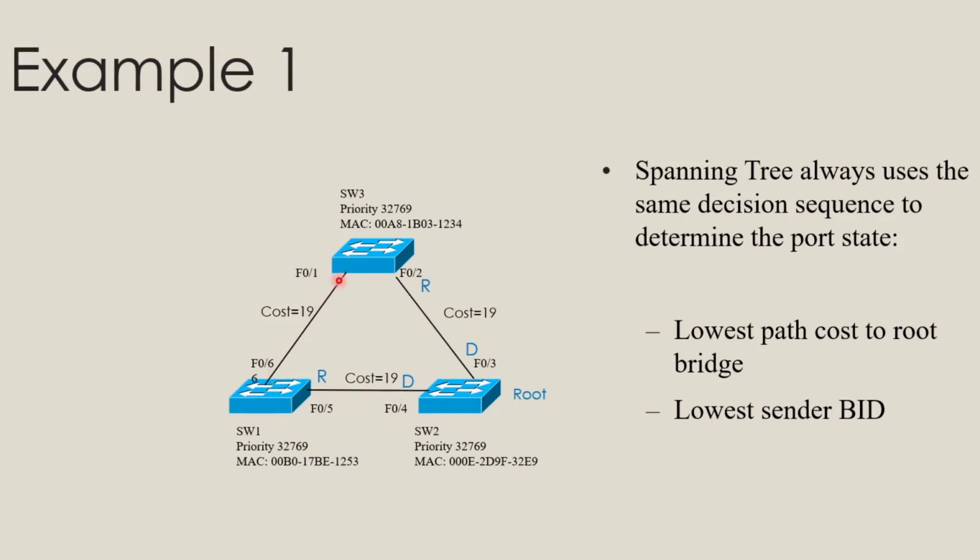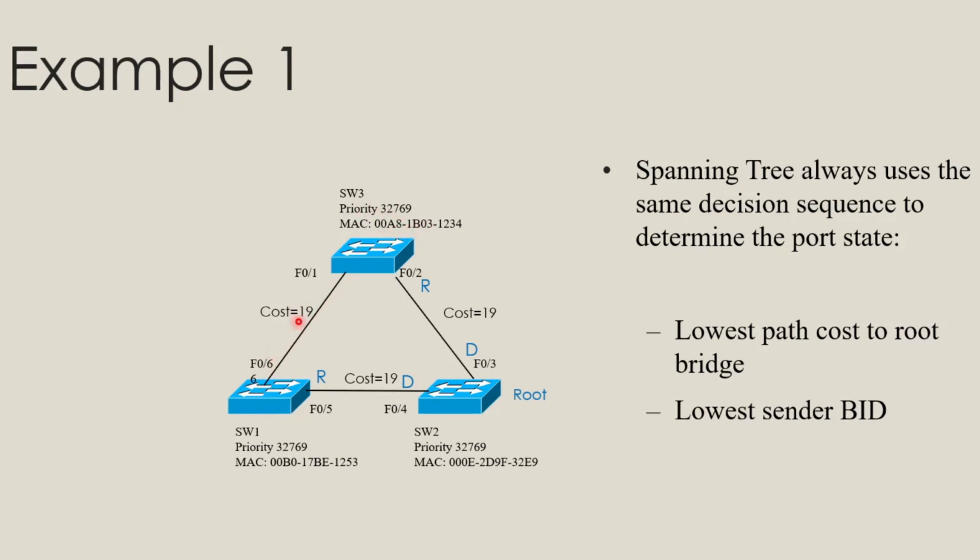The two switches will compare the second criteria, the lowest sender bridge ID. So switch 3 sends the BPDU over this link. The sender bridge ID is the priority and the MAC address 00A. Switch 1 sends the BPDU with the sender bridge ID, same priority, with the MAC address 00B. So switch 3 has the lower sender bridge ID.